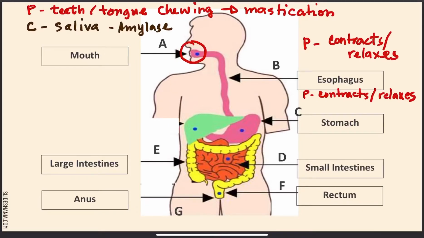But chemical digestion also happens in your stomach, because of two things. First of all, you have the stomach acid, which we said is hydrochloric acid, or HCl, also called gastric juices.